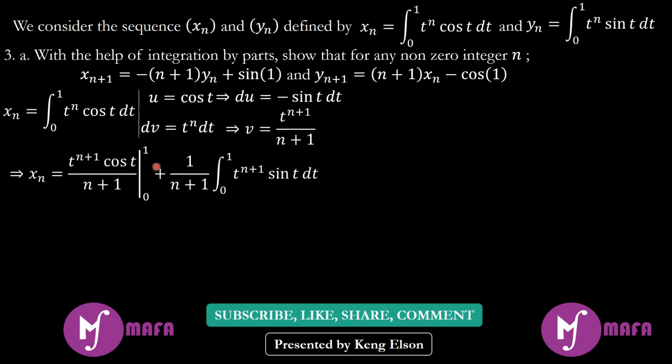Now the integration by parts formula says x of n will be uv minus the integral of v du. Our u is cos t and our v is this quantity from 0 to 1, then minus the integral of v du. Our du has a negative sign, so it cancels with the negative sign in the formula, and it becomes positive.